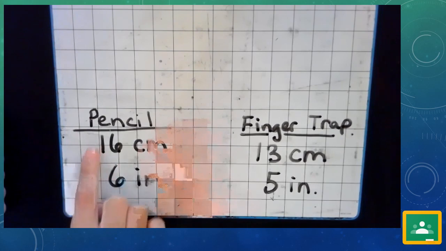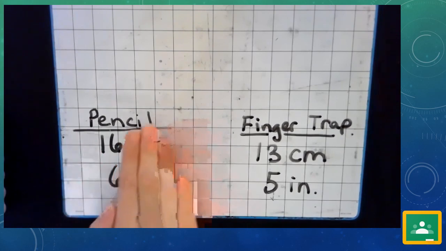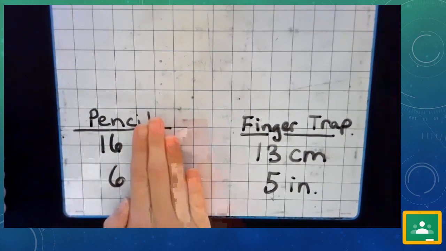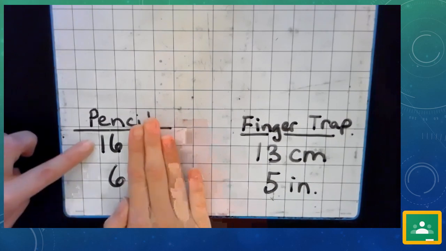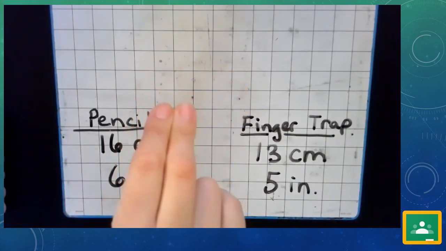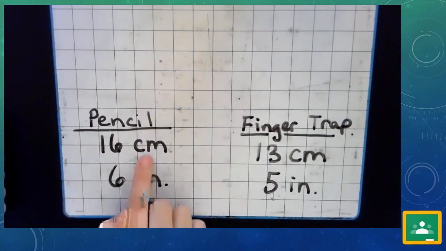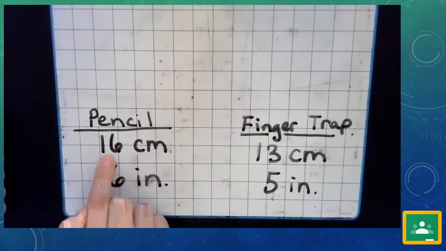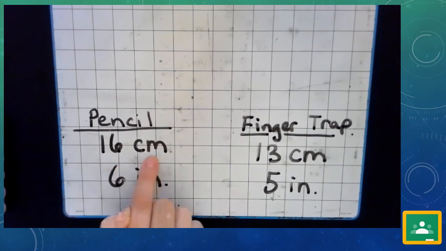So if I'm looking at these two numbers, I can't ignore my label, okay? Because then I'm going to think that centimeters are bigger than inches, and that's not true, friends, not true. Centimeters are smaller, that's why we need more of them, because centimeters take up less space than an inch.